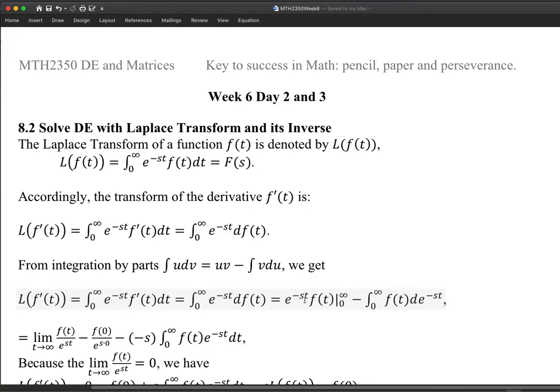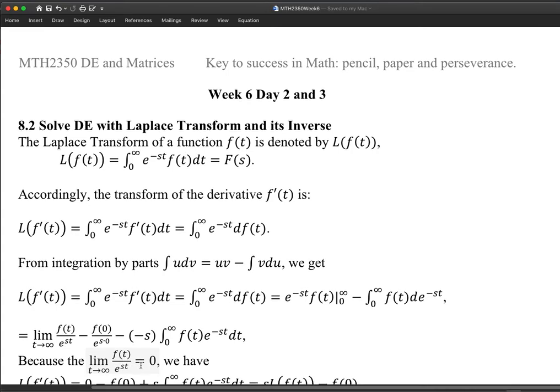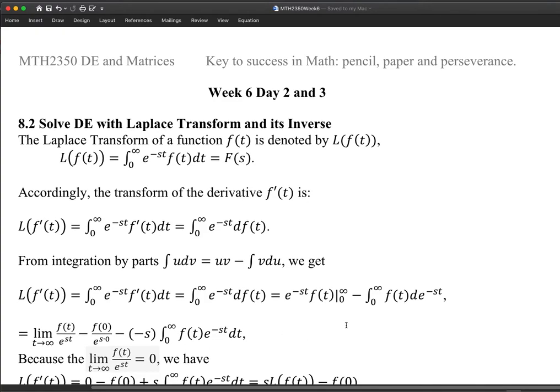So really, it's fair to say when we consider such a limit, as t approaches infinity, of f of t over e to the st, because the exponential term grows a lot faster, and you can use L'Hopital's rule, this limit is 0 as t approaches infinity. And when t is 0, the exponential term is 1, so it is just f of 0. This term is f of 0.